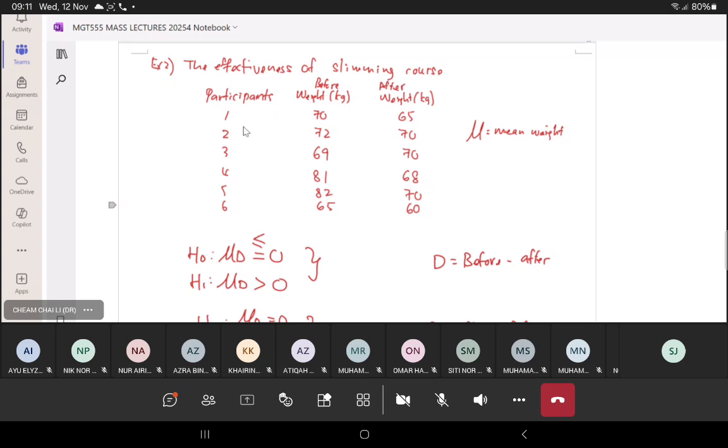So it seems that participant 1 has the weight reduced, from 70 to 65. Participant 2, 72, the weight went down 2 kg to 70. Participant 3, 69, but increased slightly to 70.